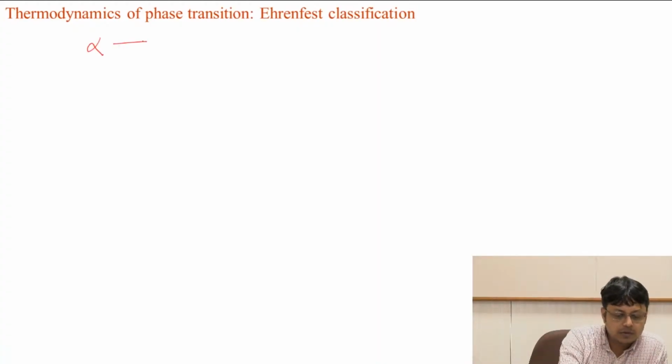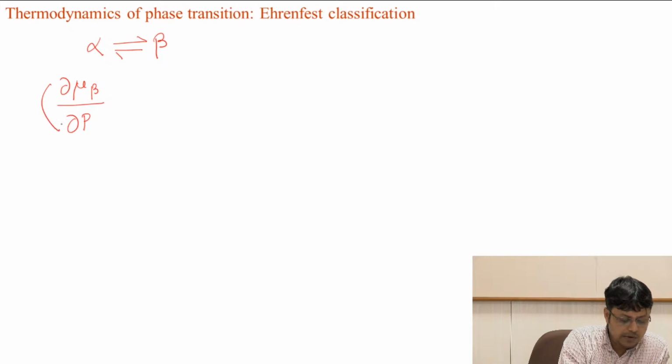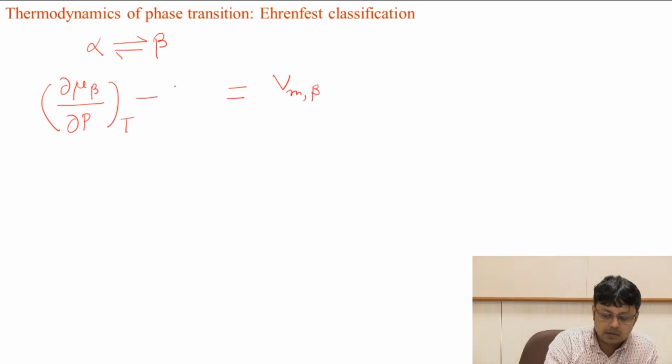As before, suppose we have two phases, and I denote them as alpha and beta, which are in equilibrium. Now, what you can write for the chemical potential in the alpha phase or beta phase, how it varies with pressure, that will be nothing but equal to V_m beta, the molar volume for the beta phase.